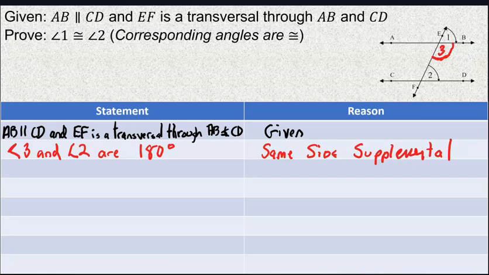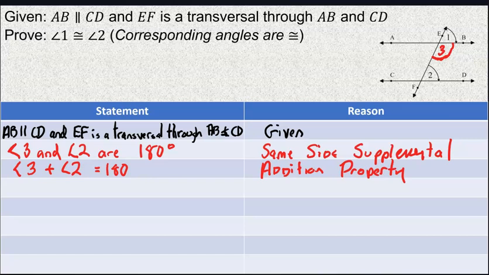Now what I'm going to do is employ the addition property by stating that angle 3 and angle 2 equal 180, and that is the addition property. Or I could have written property of supplemental. But as I mentioned in the last video, I'm trying to keep this as simple as possible.